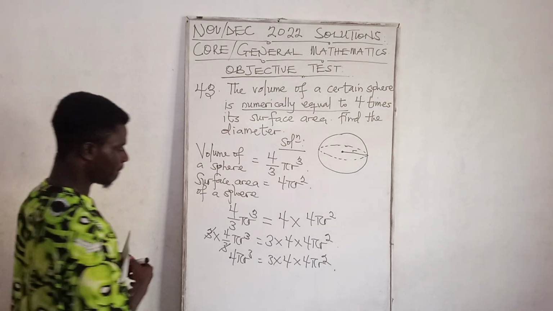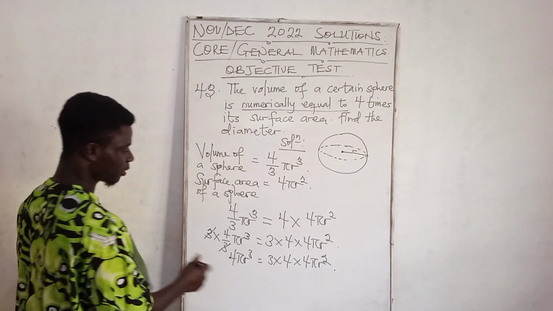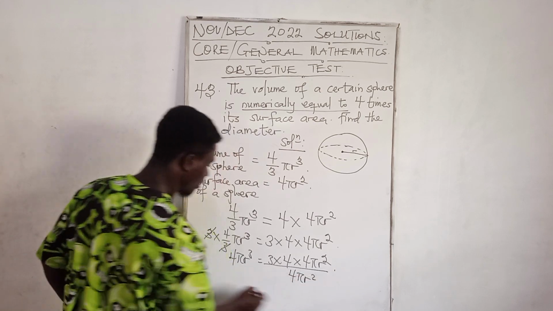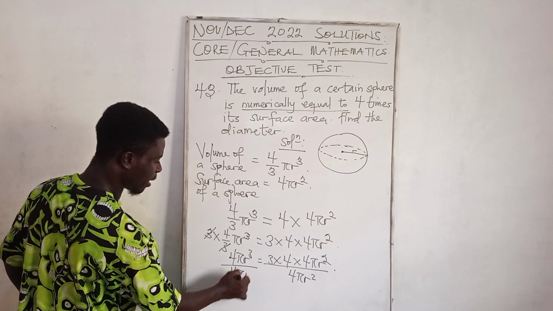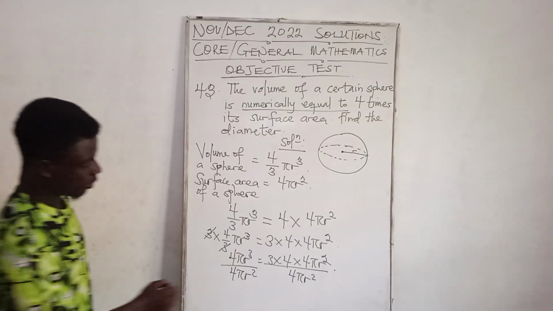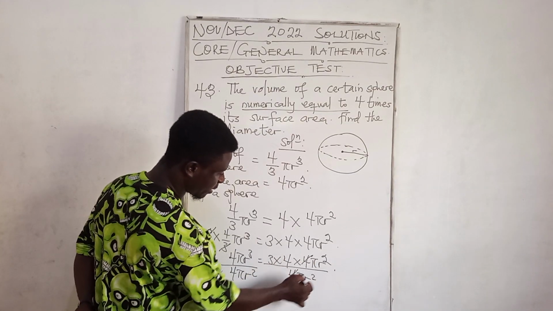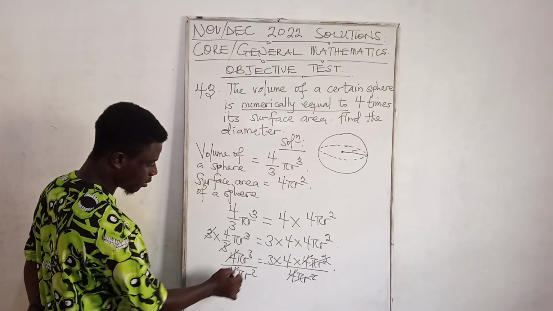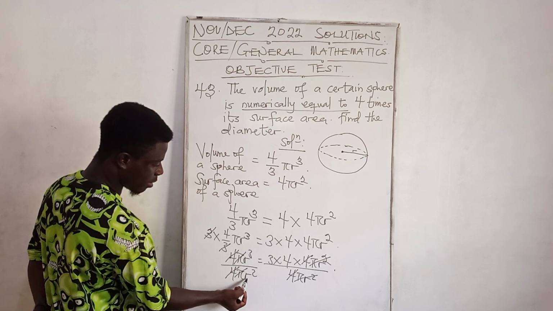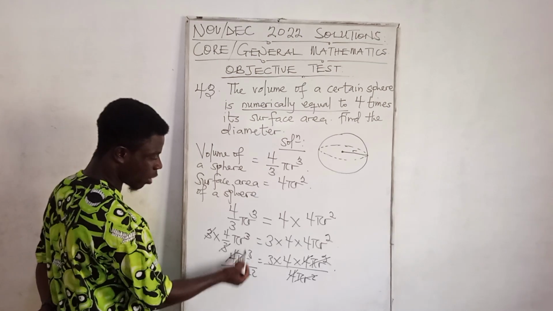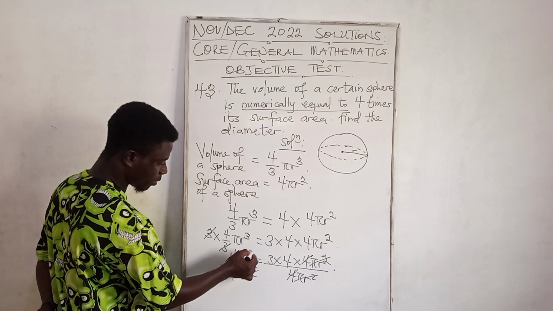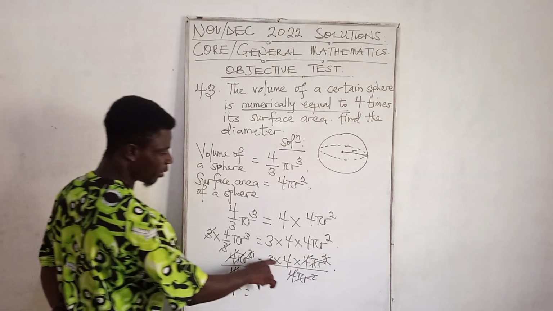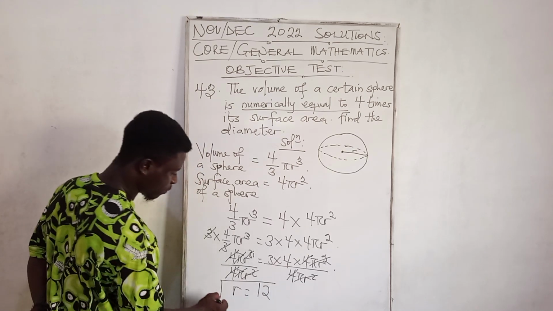Now we can divide by 4 pi r squared on both sides. 4 cancels 4, pi cancels pi, and r cubed over r squared leaves r. So we get r equal to 3 times 4, which is 12.